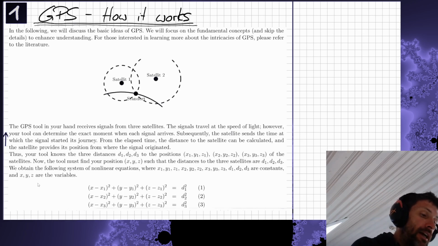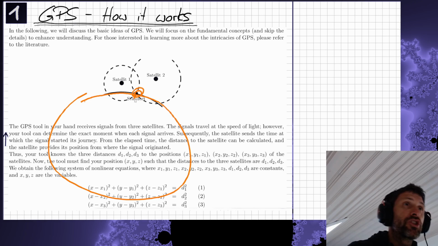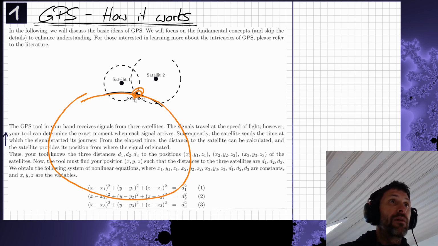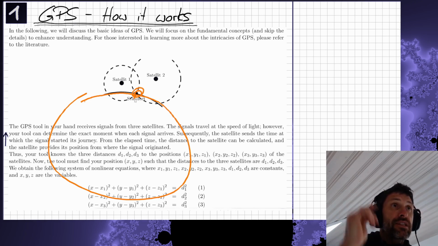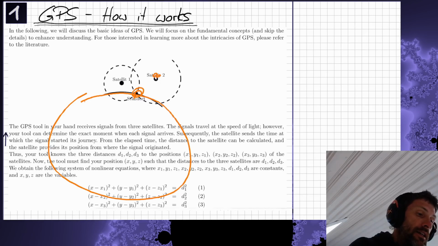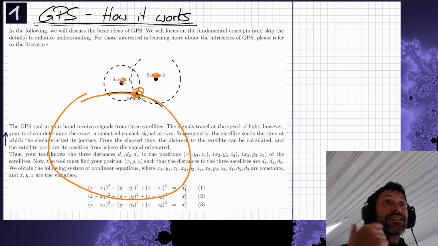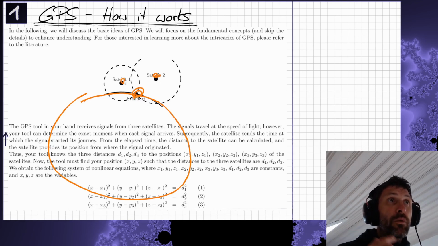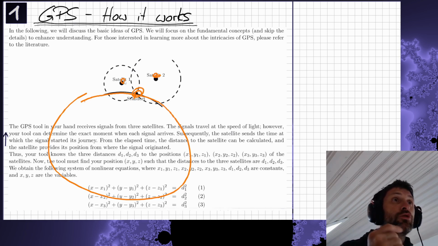And the basic idea is that here we have the Earth, and our position on the Earth is somewhere, and then there are satellites in the space sending a signal, and we will find out what is the distance to this satellite.